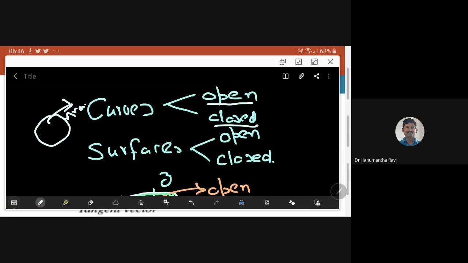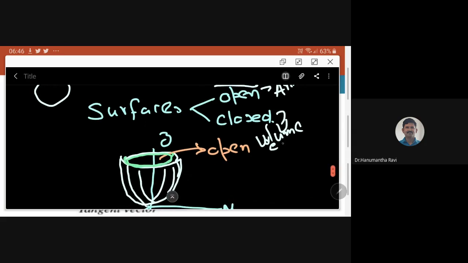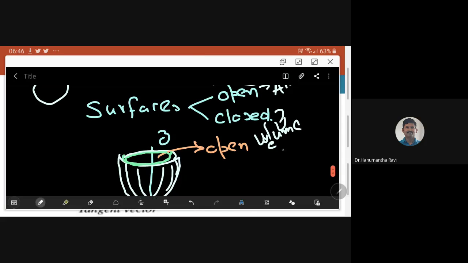So here you can talk about area, and here the volume enclosed by the surface. This is very important.